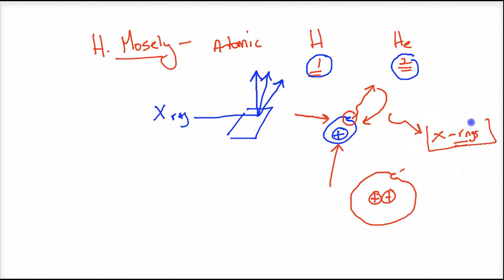Okay, and we'll talk more about that, but the X-rays that were emitted wound up being such that the square root of the frequency was proportional to the proton number. What he was seeing, very simply, was whole number ratios of the energy needed to pull electrons away from the nucleus compared to the number of protons.